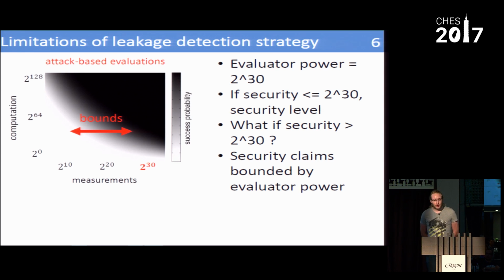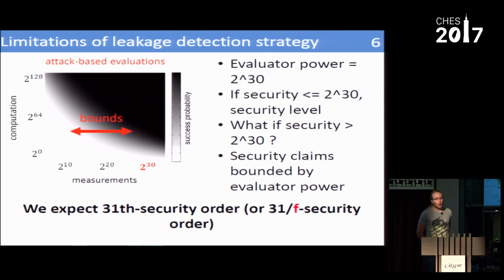If the security of the implementation is under the power of the evaluator, the evaluator can give an actual security level for this implementation. But in the other case, where the security is bigger than the evaluation power, the evaluator cannot give an actual security evaluation. It can just make security claims which are bounded by the power of the evaluator.